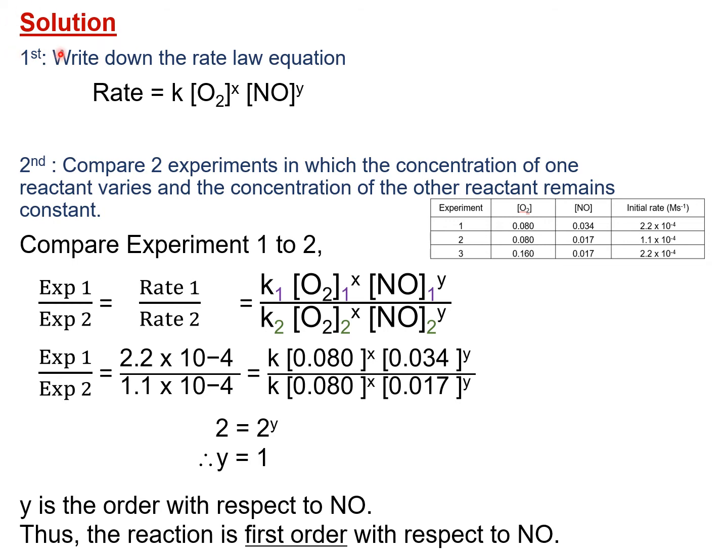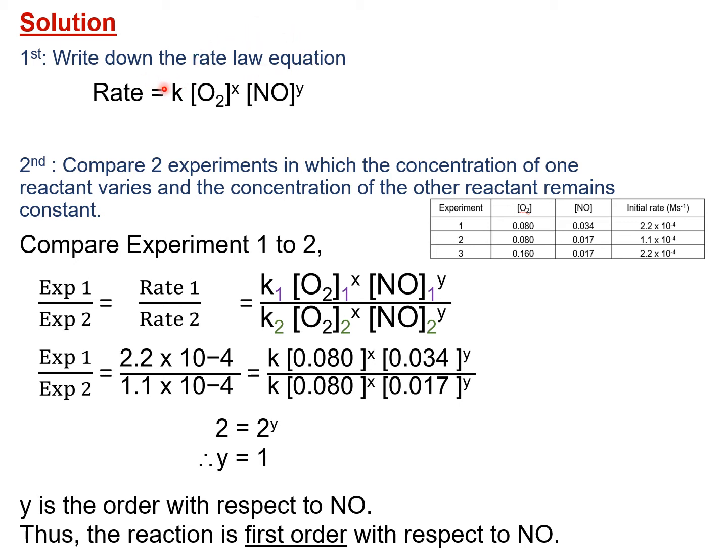So, inilah dia solution bila you nak cari the order of reaction with respect to reactants by using the experimental data. Okay. So the first thing first that you need to do ialah you kena write down the rate law equation for the chemical reaction yang dah diberi. So kita tahu reactant yang diberi ialah oksigen dan nitrogen oxide.